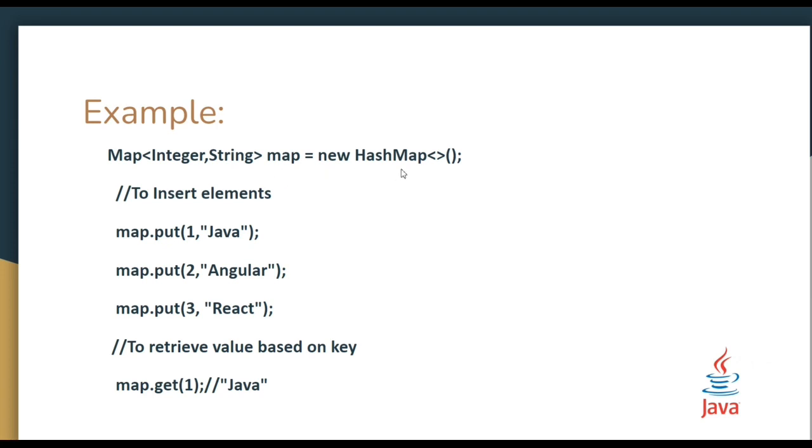I have created the map object, and I'm using put. In order to insert elements into the map, you can use the put method of the map. And in order to get the value of a key, you can use the get method; you need to pass the key and you will get the value of that key.